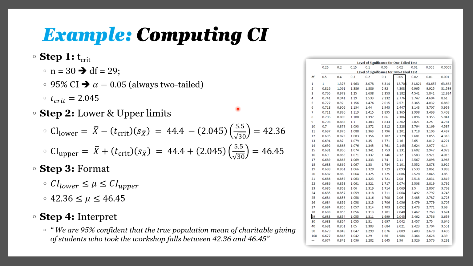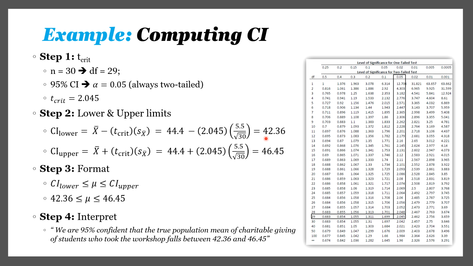Step two will be to compute the upper and lower limits of the interval. The lower limit is 44.4, that's x bar, the mean of the sample, minus the critical t from step one, times the standard deviation of the sample divided by the square root of the sample size.